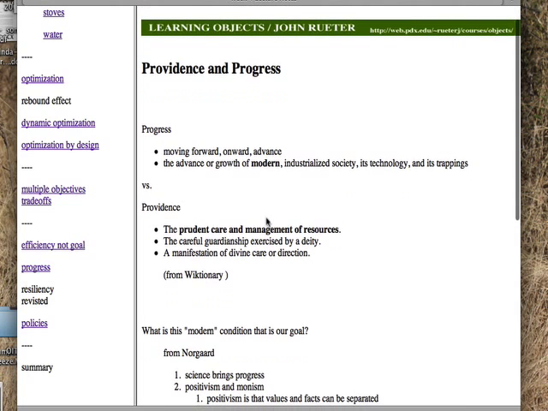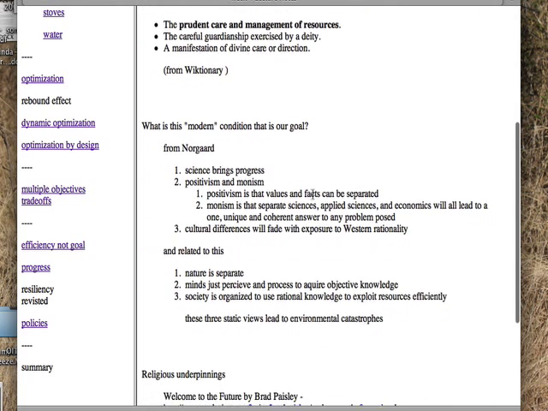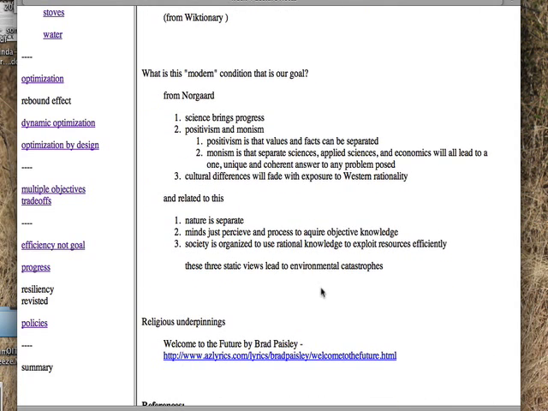In ESM 101, we were talking about natural resources, and provenance is really the prudent care of these. But there's this belief in progress, that more efficiency and more technology is always going to be good, and we really have to be careful about that. This is a good time in the course to inject that, because it's almost religious.